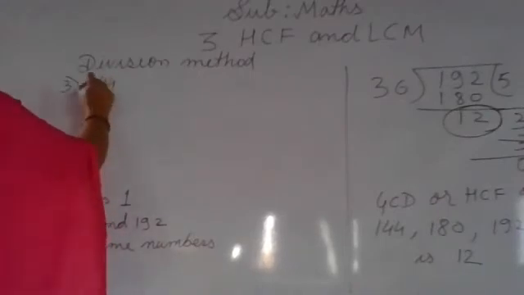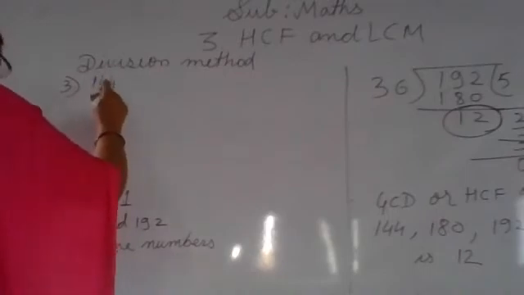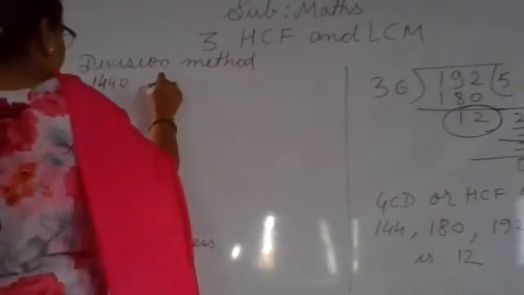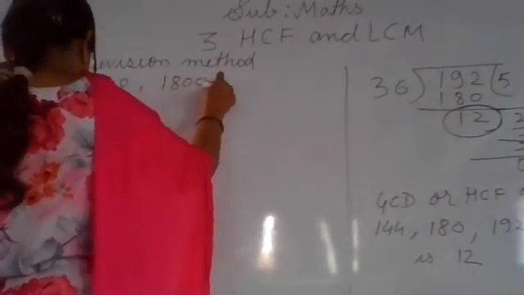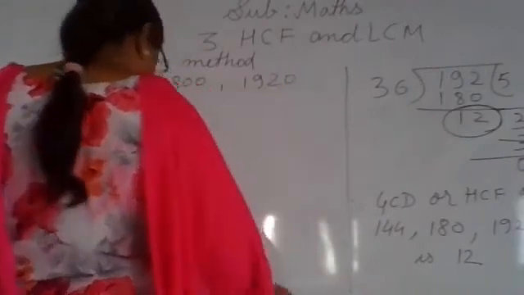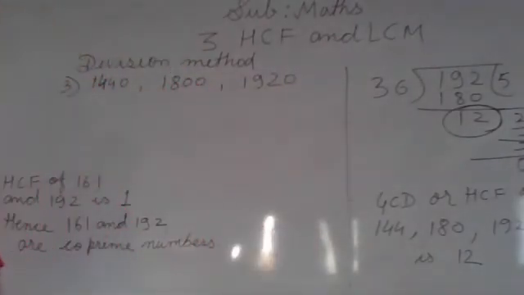Example number 3: 1440, 1800, 1920. So let's start solving.